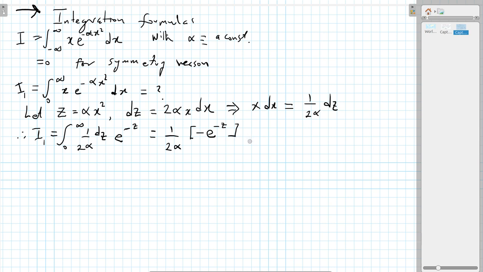But we're doing this integration from 0 to infinity. So you do the substitution, it's going to be 1 over 2 alpha into minus e to the minus infinity minus minus e to the minus 0, and your answer fully is going to be 1 over 2 alpha. So actually I1 is that.